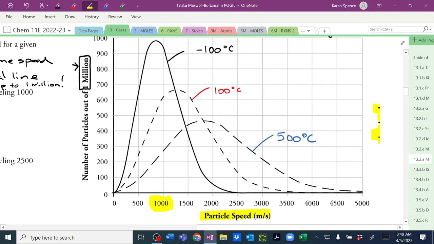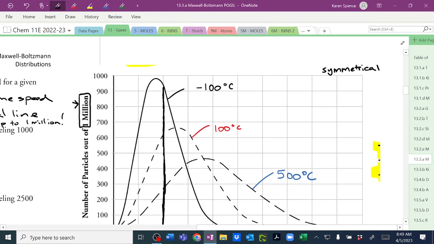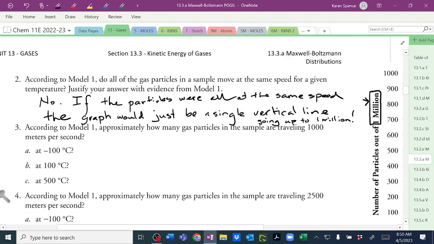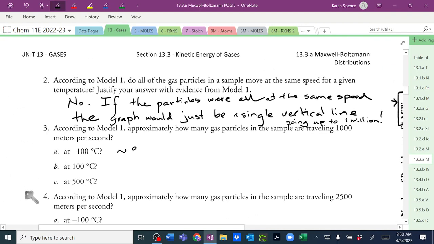If we follow that up all the way to here, and then read across, that looks to be about, I don't know, 930 maybe? 940, 920. You can choose. I'm going to go with 930, I think. Approximately 930 particles.